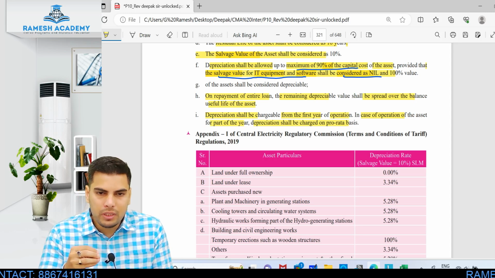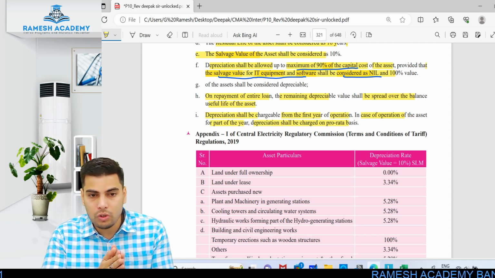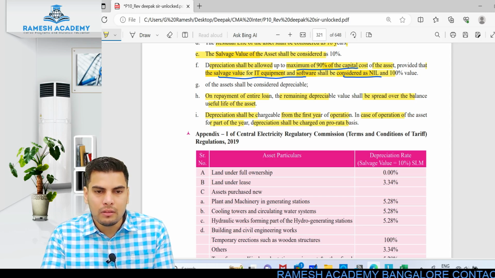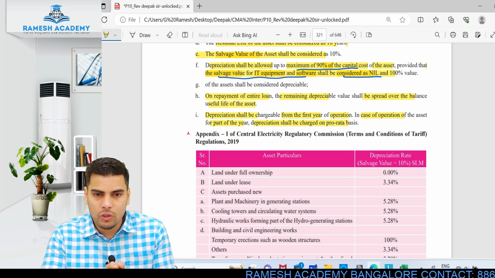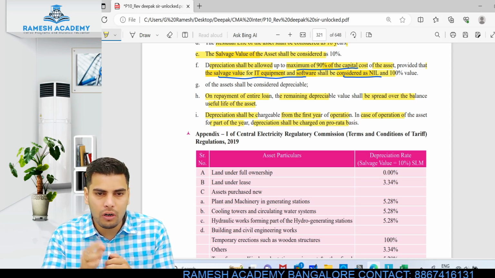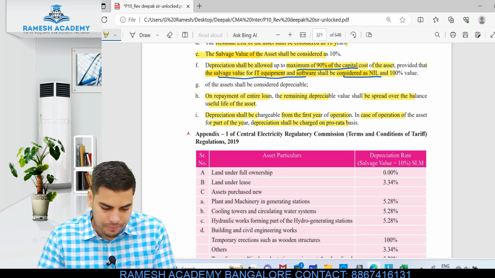If the asset was put to use at the mid of the year, then proportionately for six months or half a year we'll charge depreciation. Easy?